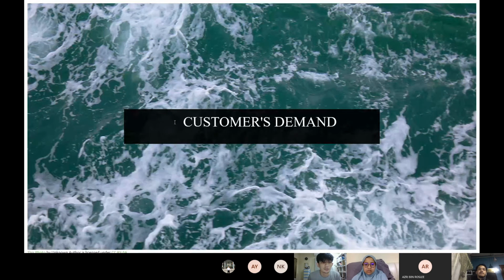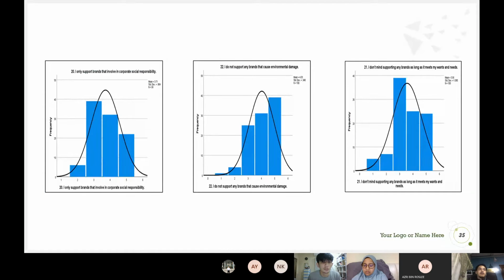For customers' demand, there are two questions. The first is, do they only support brands that involve in corporate social responsibility? Based on the bar chart, only 36% of 100 respondents voted satisfied on the statement, and the lowest percentage, 6%, disagree with it.